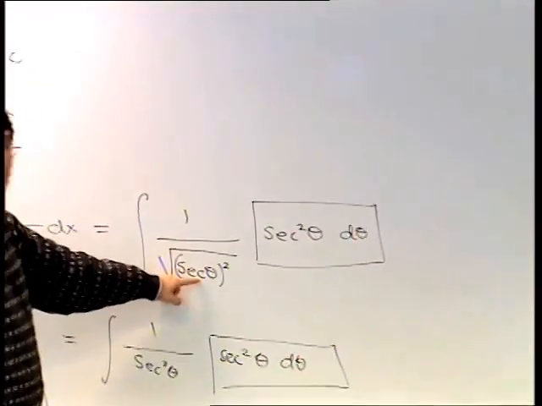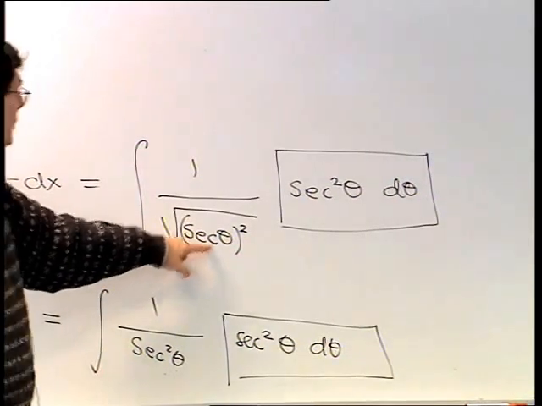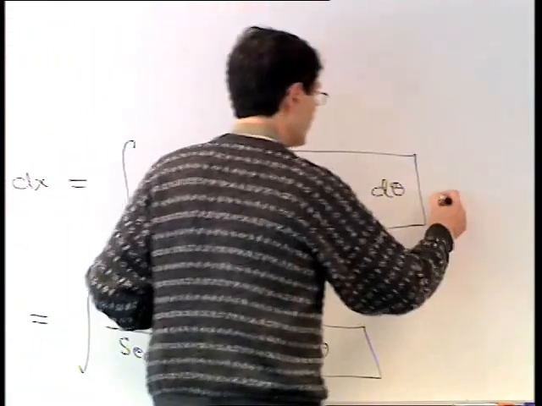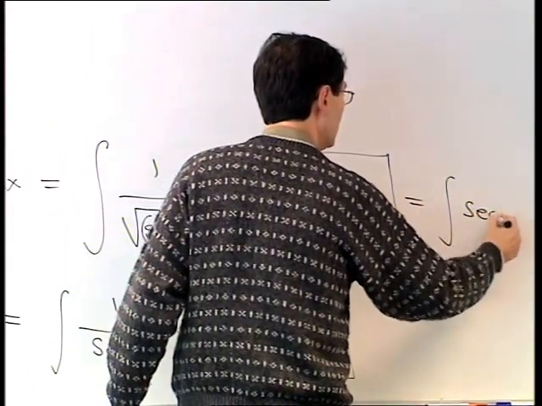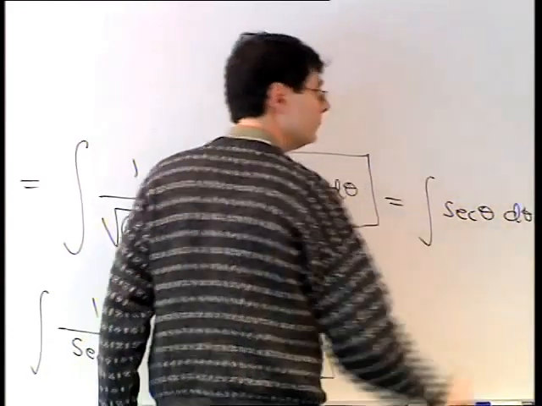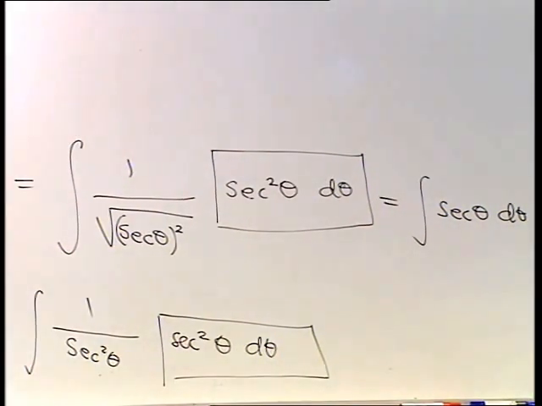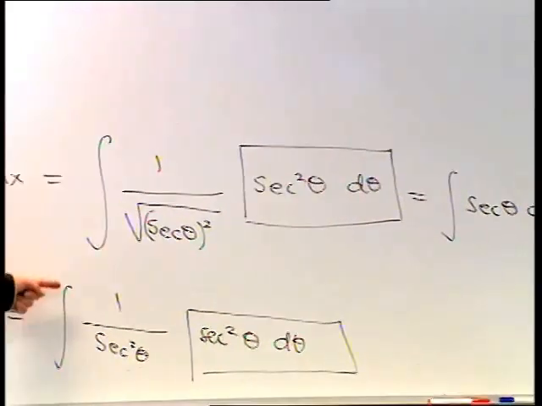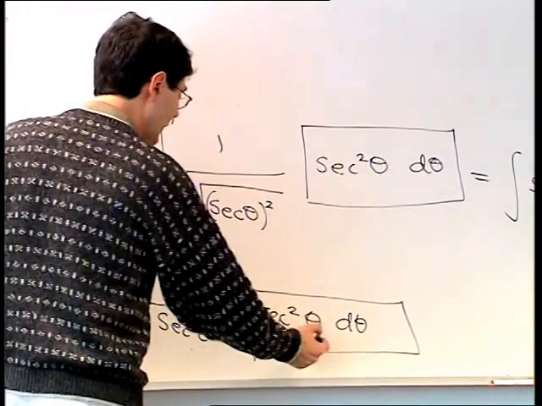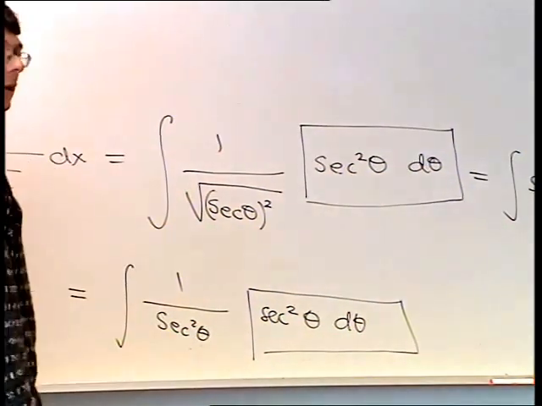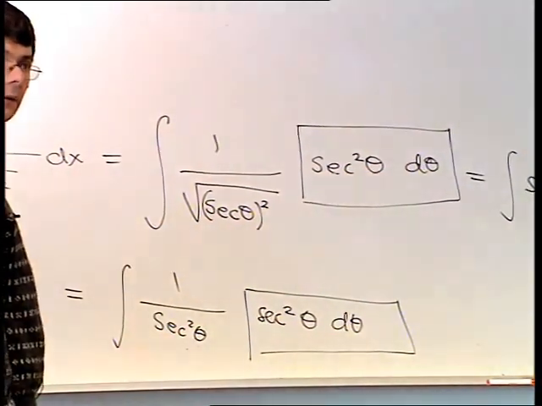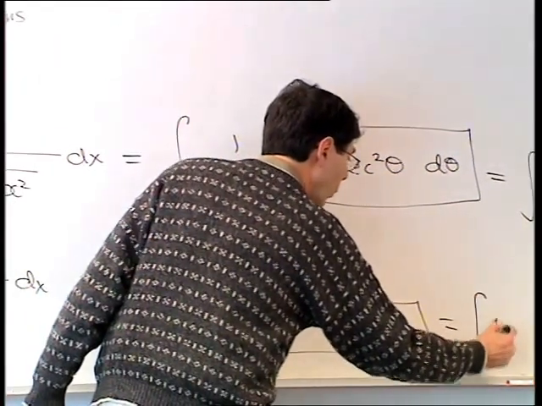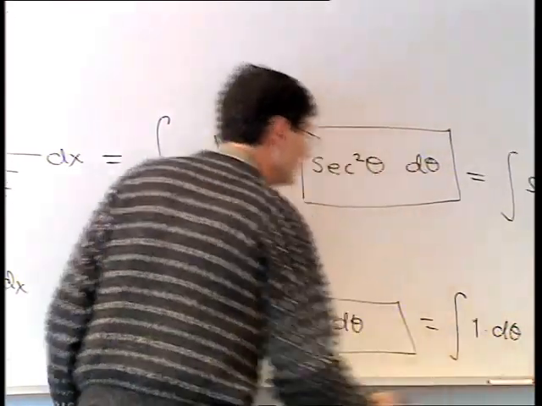So there's just a secant in here. And there's a secant squared there. So this is going to become the integral of secant theta d theta. In the denominator, I get even luckier because the secant squared and the secant squared cancel out. This is just the integral of 1 times d theta.